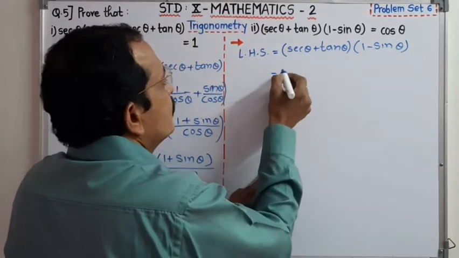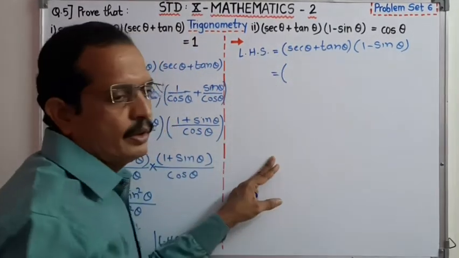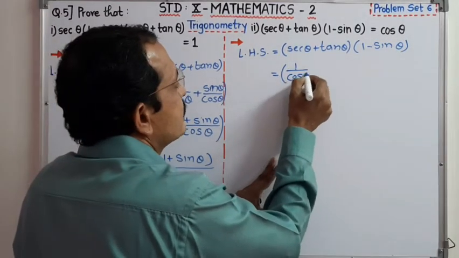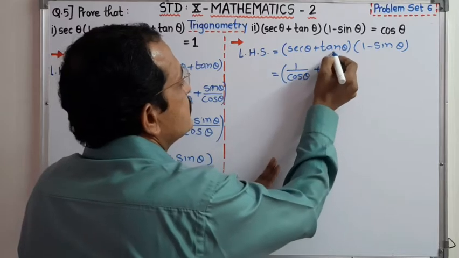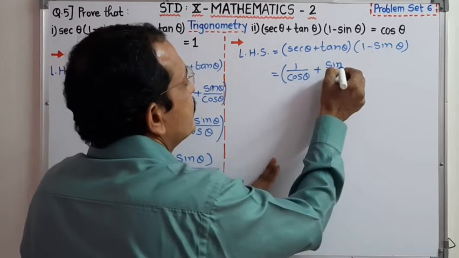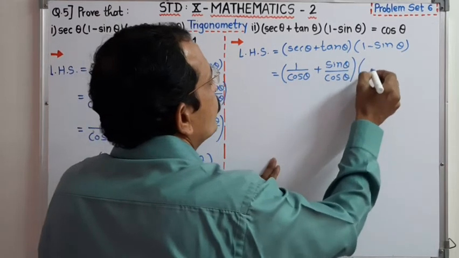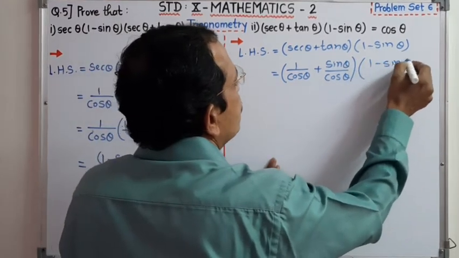Again we know that sec theta is equal to 1 upon cos theta, therefore we can replace it as 1 upon cos theta, plus tan theta means sin theta upon cos theta, into 1 minus sin theta.